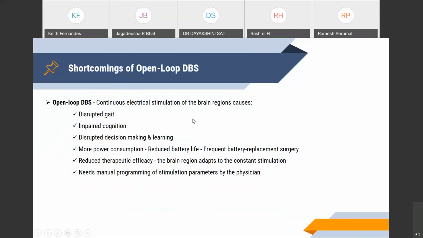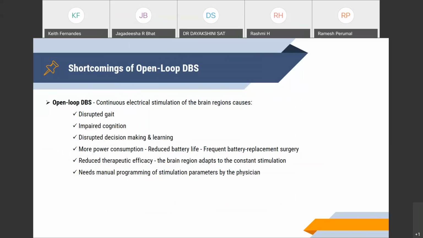So, of course, DBS is found to be the most effective solution for treating advanced stages of Parkinson's disease. But we should also see the other side of continuous electrical stimulation. I already highlighted the point in deep brain stimulation: the electrical stimulation is continuous. It continuously hits the infected brain region.